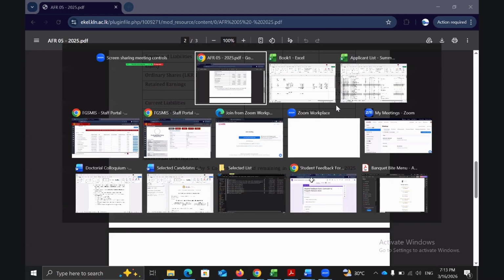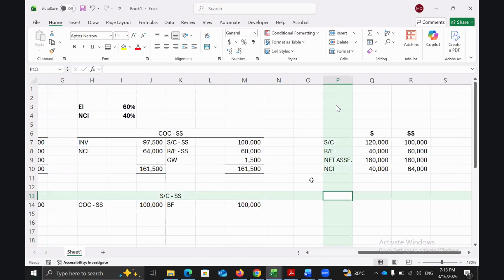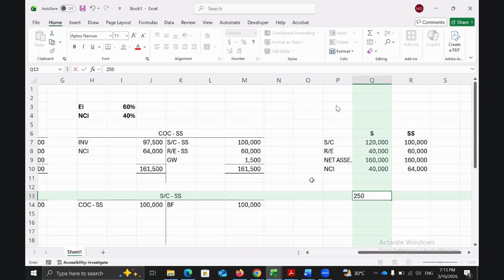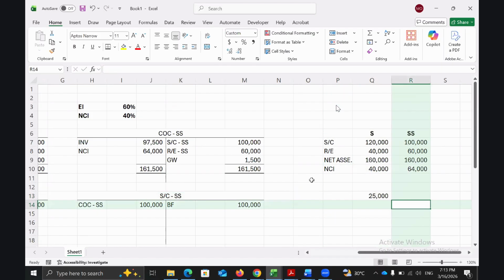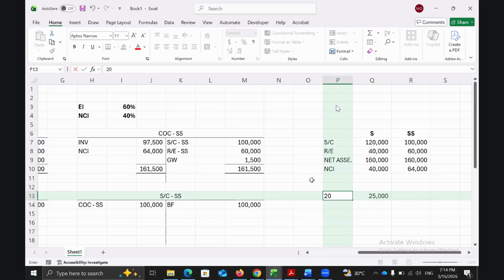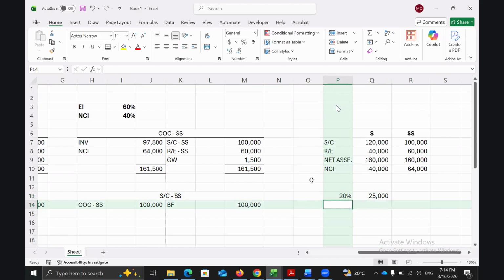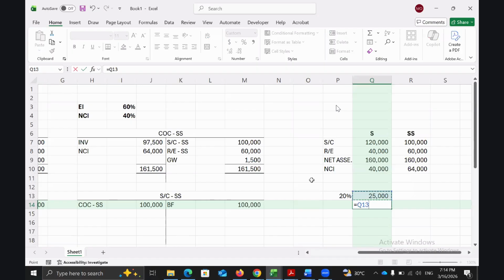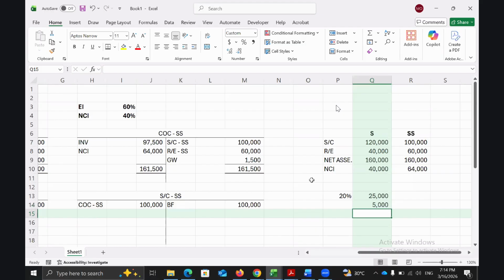When we are deciding the profit, there are two methods, margin and markup. Okay, we first get this calculation. The remaining inventory is 25,000. And the profit margin is 20%. Therefore, the provision should be 20% of 25,000, 5,000.